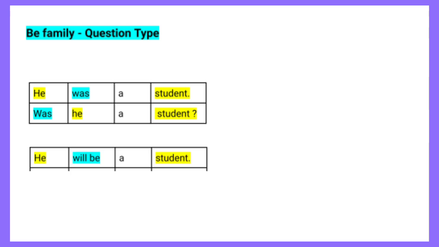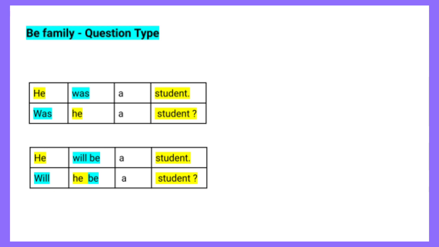Okay, he will be a student. How to make question type? Are you confused? Hey, don't be confused. Okay, look at the first 2. He will be a student. He will be changed as? Yes, very good. Will he be a student? Very good. That's all. Okay.